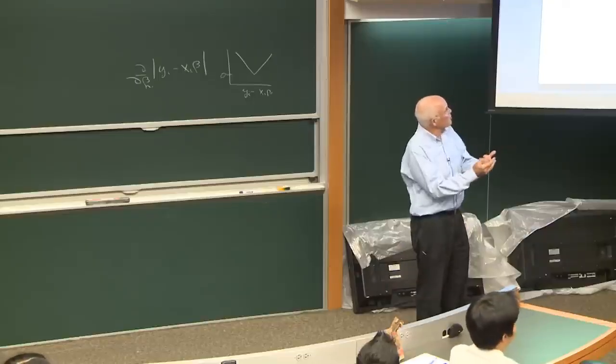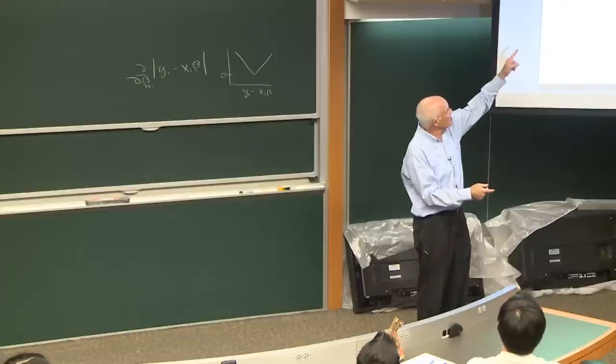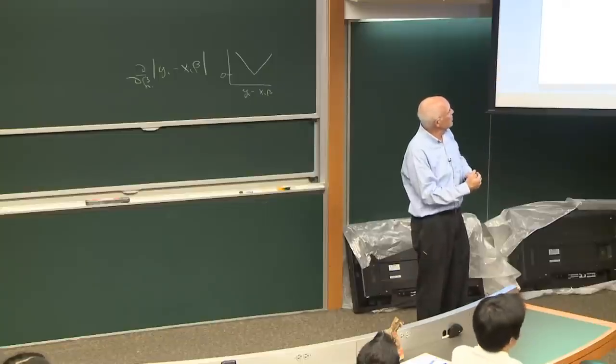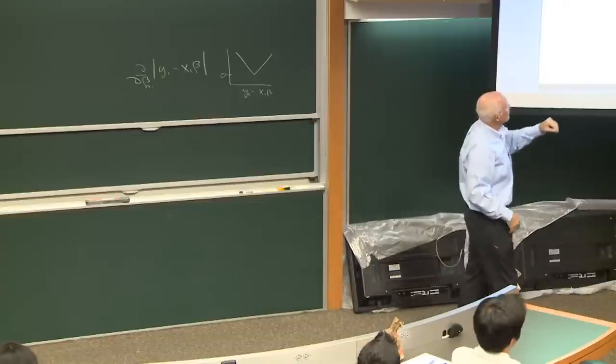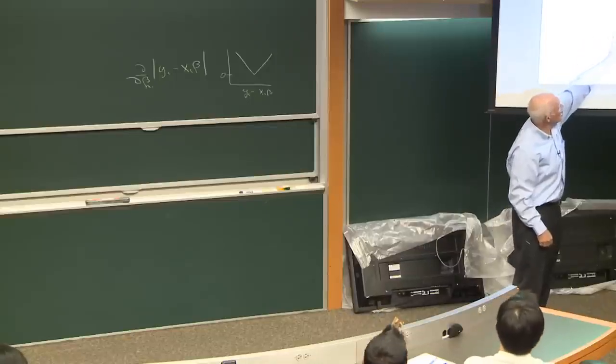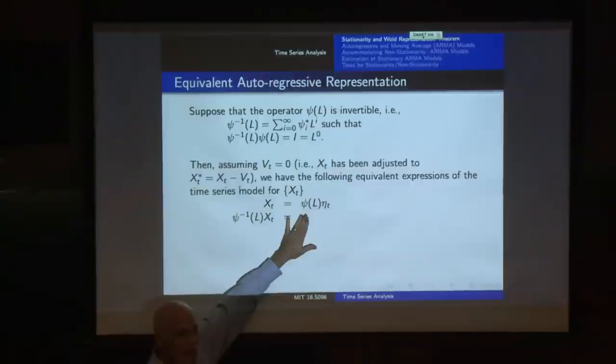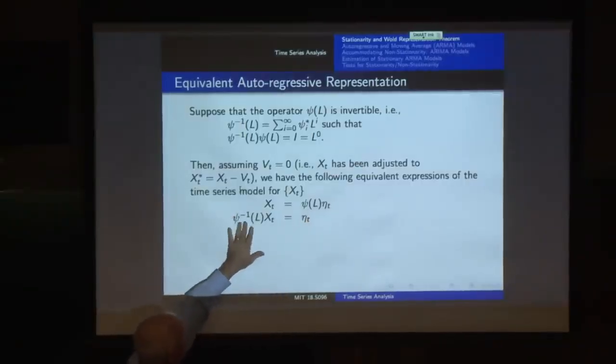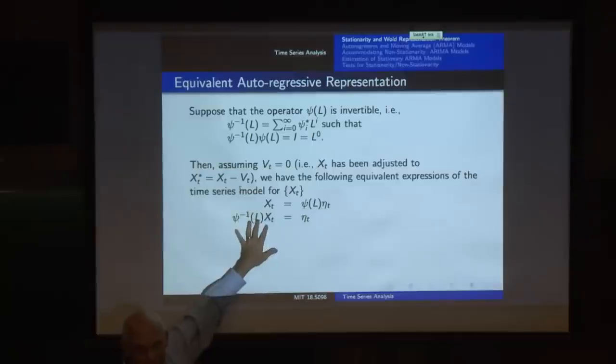So if we start with psi of L, and it's invertible, then there exists a psi inverse of L with coefficients psi i star. And one can take our original expression for the stochastic process, which is a moving average of the etas, and express it as essentially a moving average of the x's.